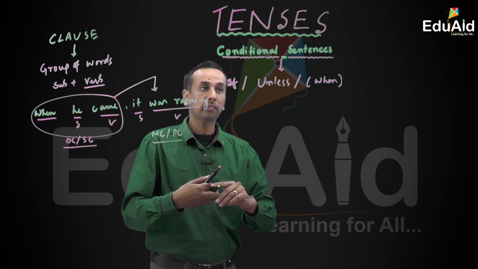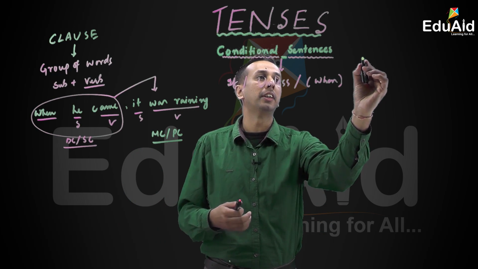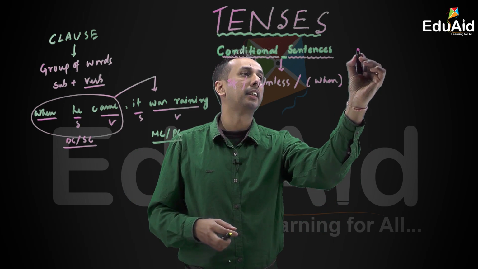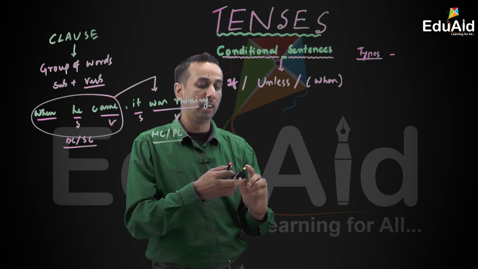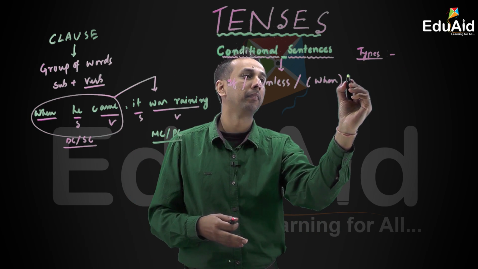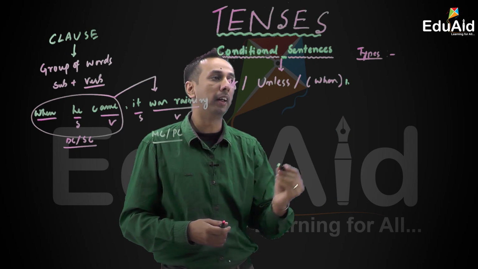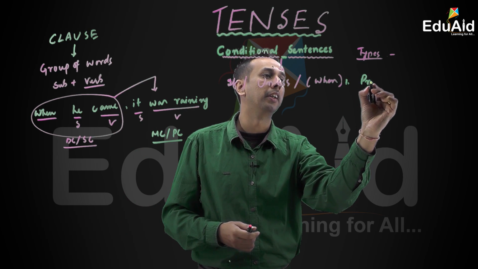Now let's come down to the types of conditional sentences. Let's discuss the types of conditional sentences. Number one, probable condition.